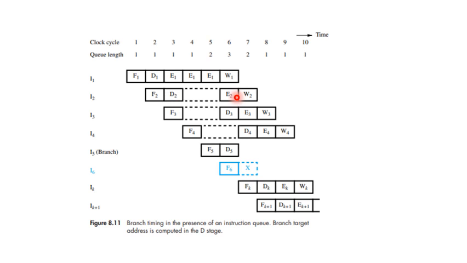The instruction I5 is a branch instruction. It targets instruction IK, which is fetched in clock cycle 7, and the instruction I6 is discarded. This is being completely discarded.